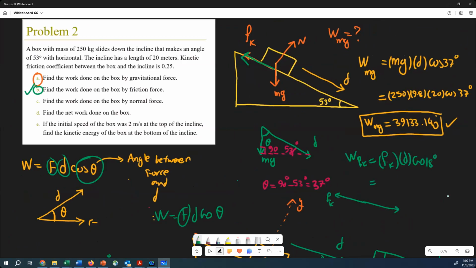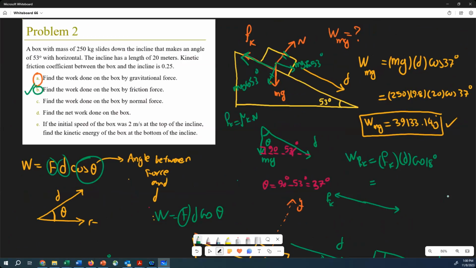Okay, what is the FK? We already know that FK is mu K times N, yes? And from unit 2, we know that N is going to be mg cosine 53, yes or no? Again, these two are equal.